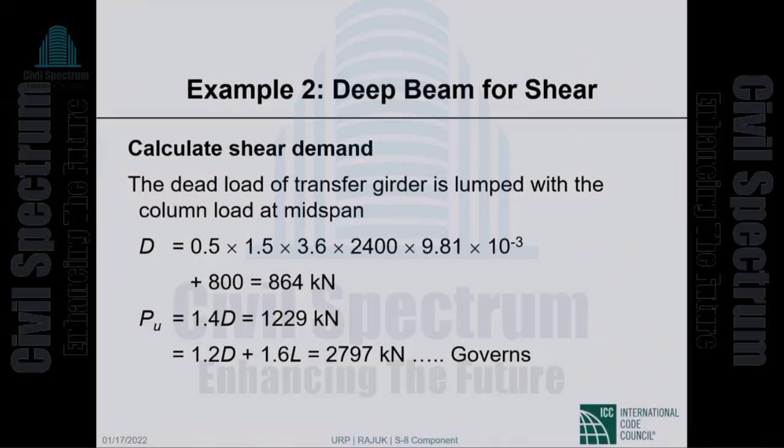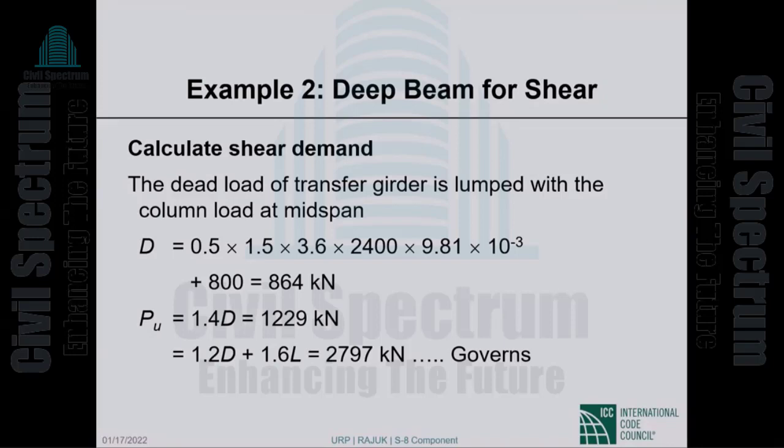It has a section of 1500 by 500. So the weight of the transfer girder is lumped with the column load at midspan. We will just assume that the dead load of the transfer girder also acts at midspan as opposed to being uniformly distributed.